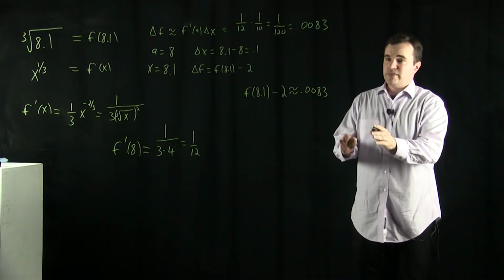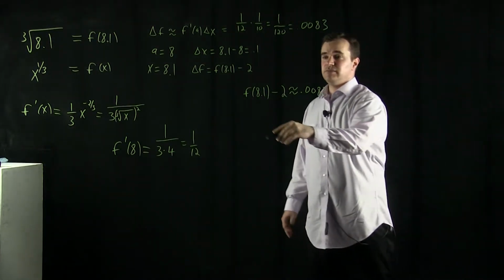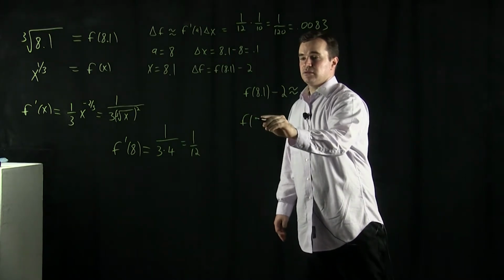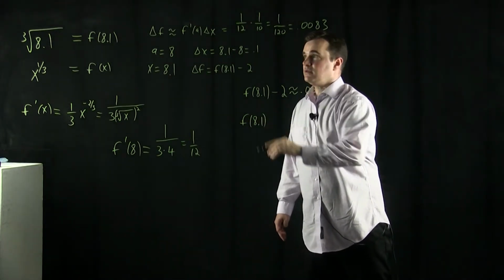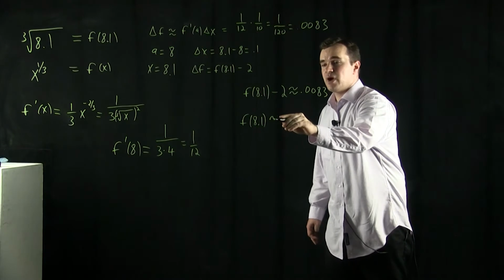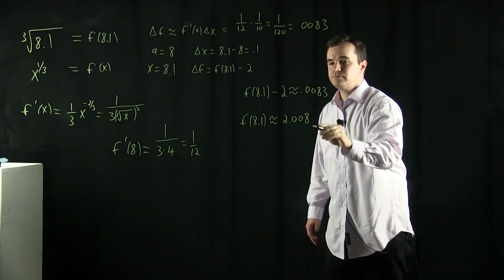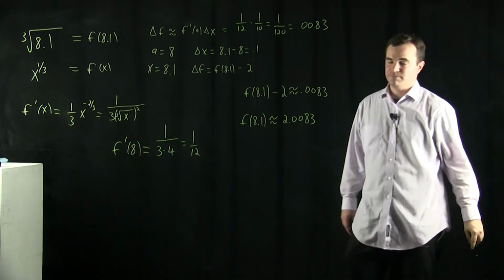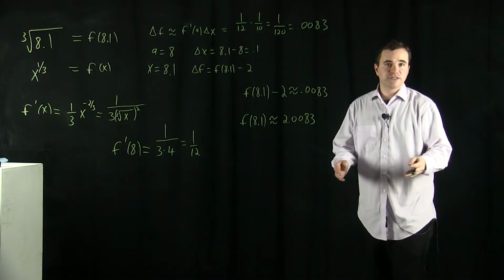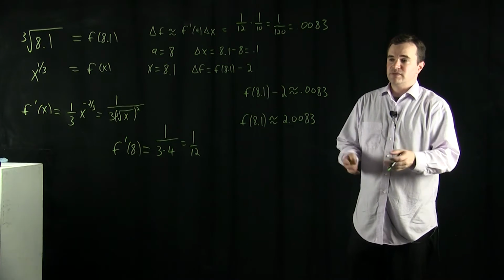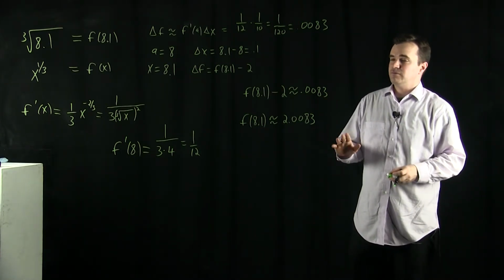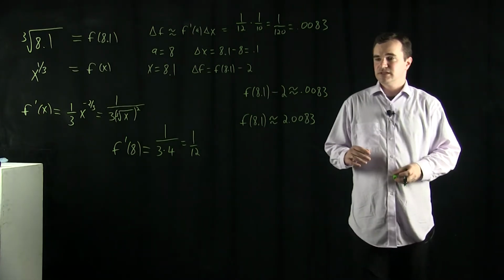And now bringing that 2 to the other side, that's telling me that the cubed root of 8.1 is approximately equal to 2.0083.